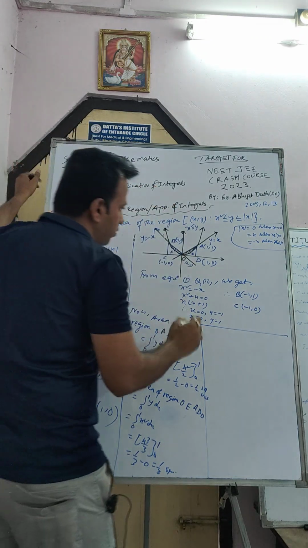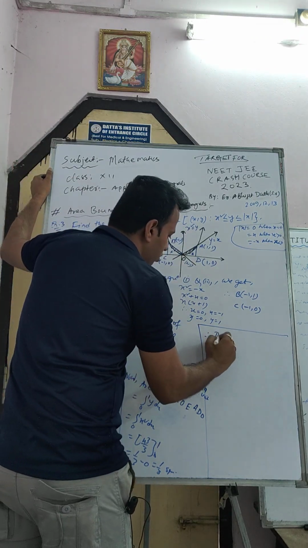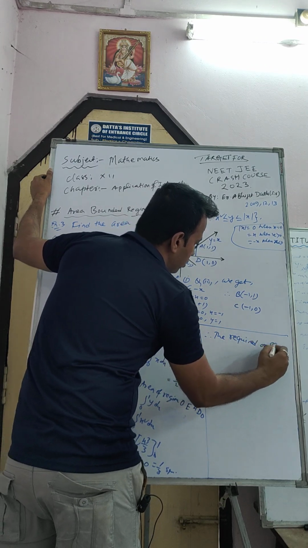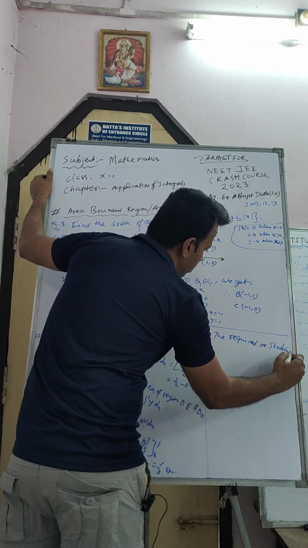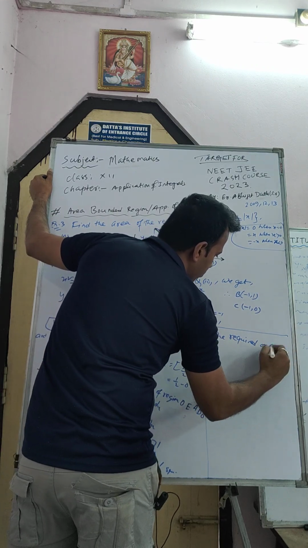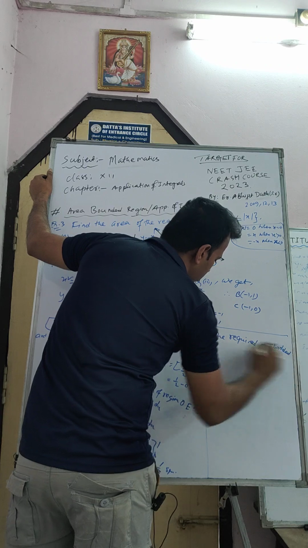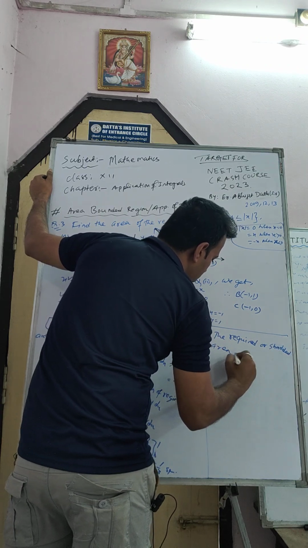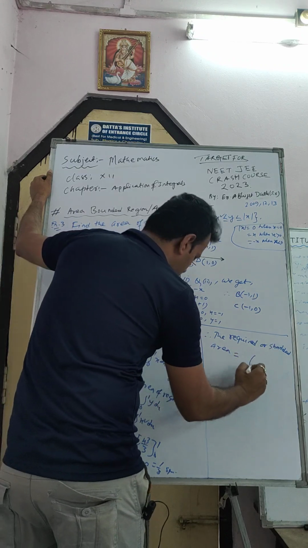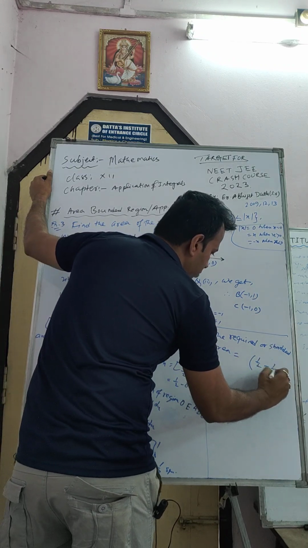Now the required shaded area is equal to this part minus this part, into 2. This part is 1 by 2 and this part is 1 by 3.